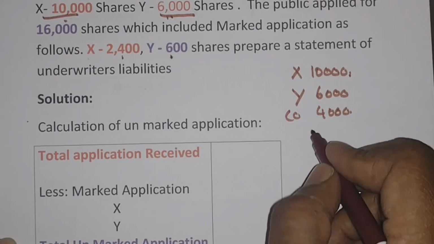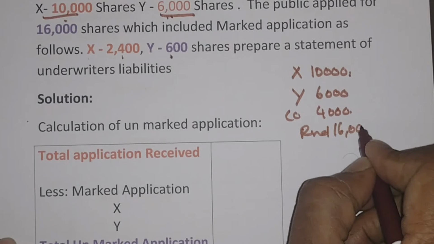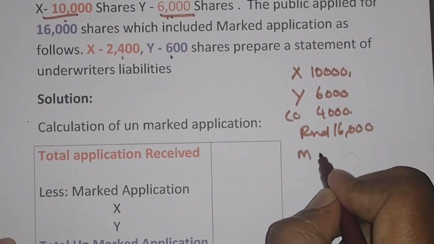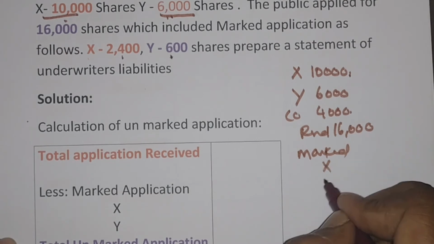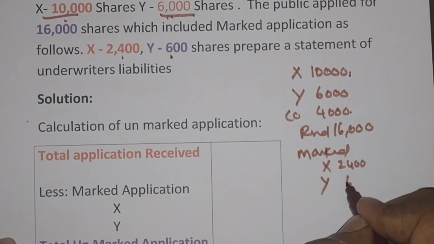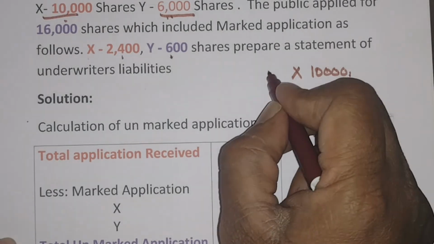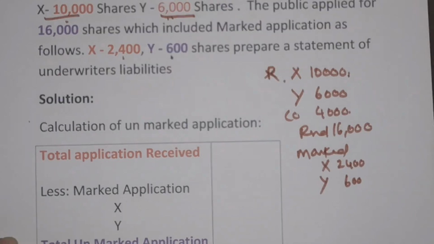The application received from the public is 16,000. Marked applications of X and Y are 2,400 and 600.